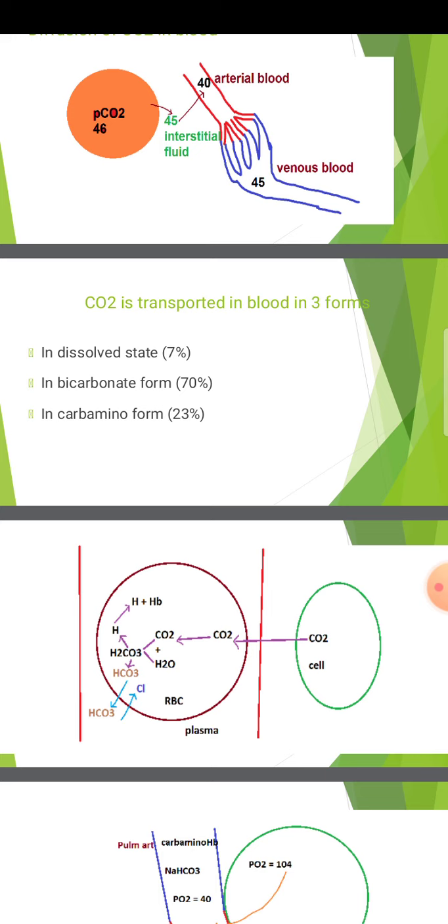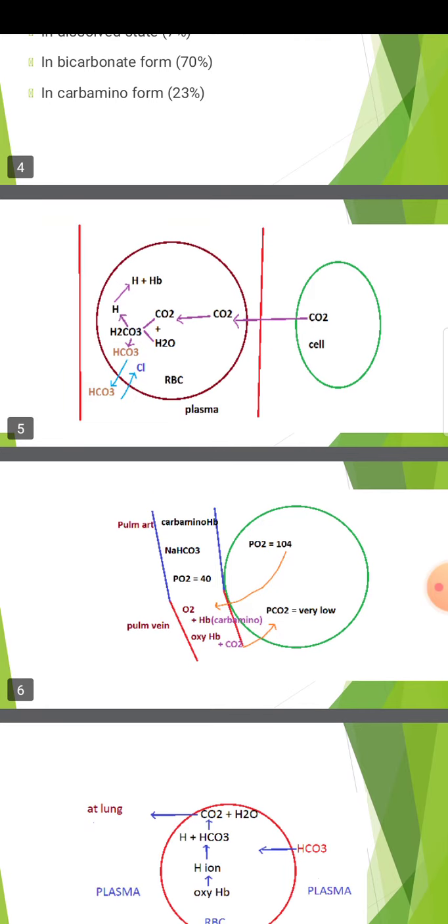Then comes the second important form, that is the bicarbonate form. 70% of carbon dioxide is transported in the bicarbonate form. You can see, as the CO2 enters the blood, most of the CO2 enters into the RBC. Inside the RBC, carbon dioxide combines with water to form carbonic acid.